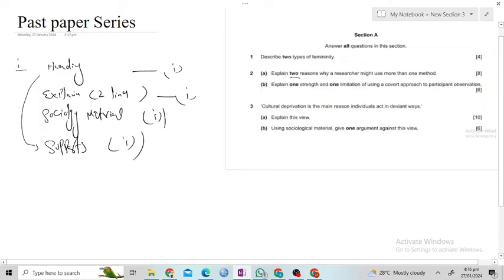You would be able to get 1 mark again. So by expressing the heading, explaining in 2 lines, using sociology material, and then explaining in 1 or 2 lines that our heading supports the question, you get 4 marks for heading 1. The idea would remain the same for heading number 2, and again we will cover the explanation in 2 lines and so on. This is how we would be able to get 8 marks.